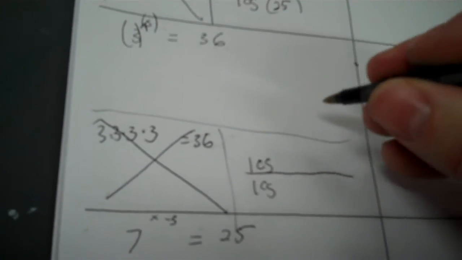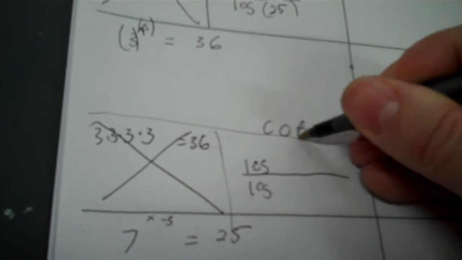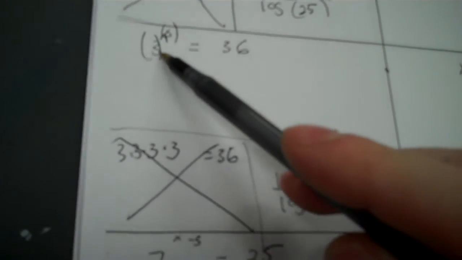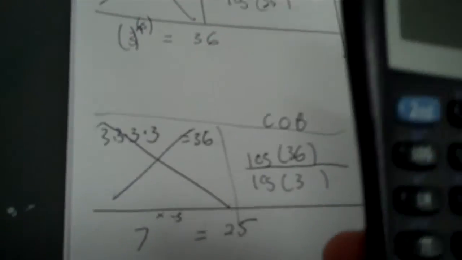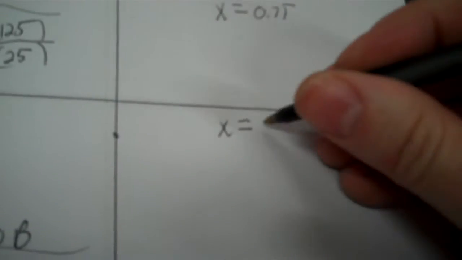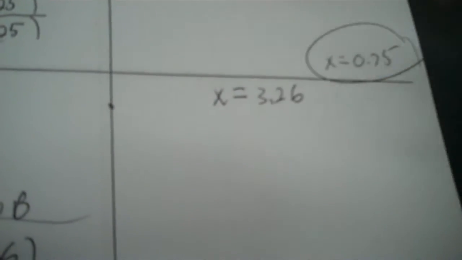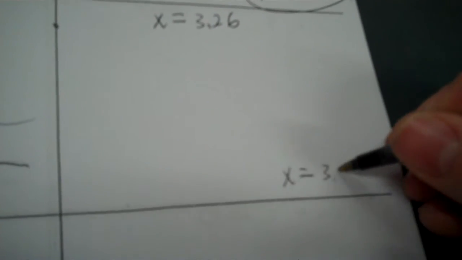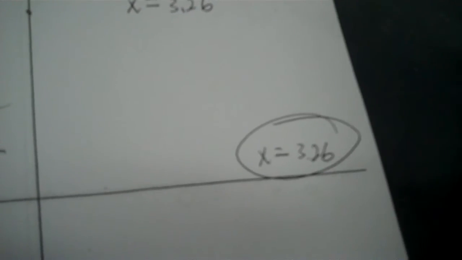It's called the change of base formula. COB, change of base. So when I say change of base, it's like log over log. So remember that 3 has to go on the bottom and 36 to the top. Okay, 3.26, just round to 2 decimal places when it's an irrational decimal. I don't have to do anything else. Okay, 3.26 is my answer.